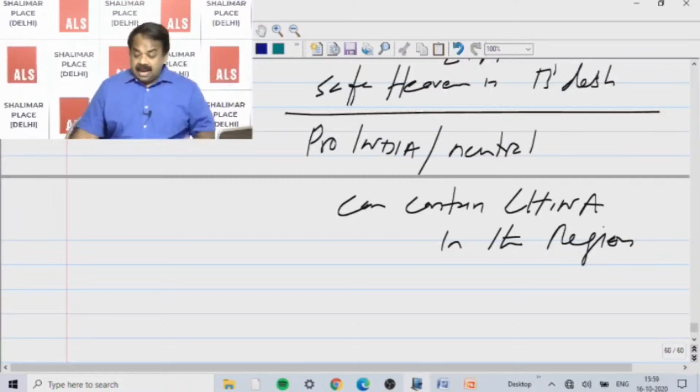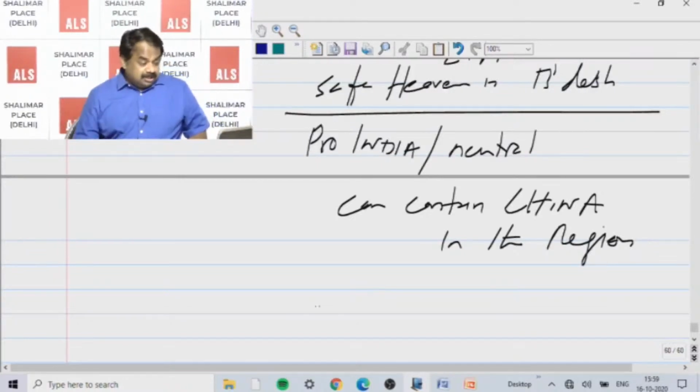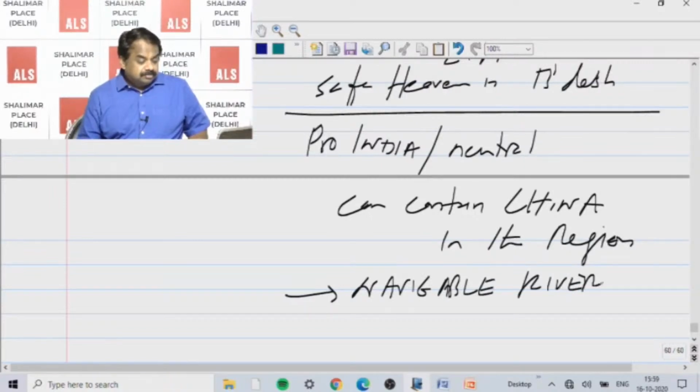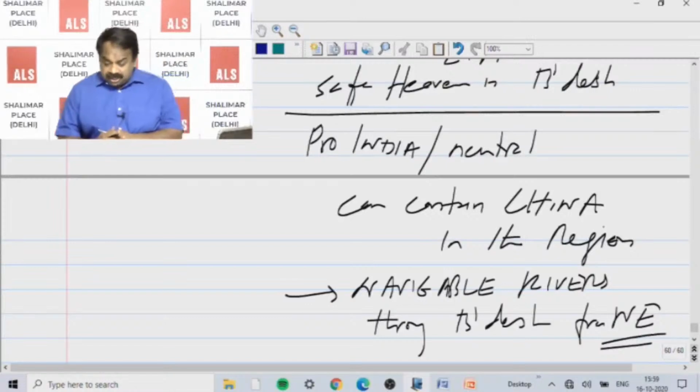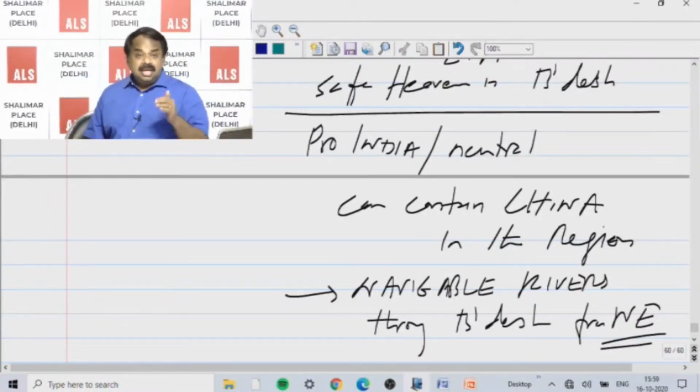And also, a third point is the navigable rivers through Bangladesh from northeast. Navigable rivers through Bangladesh from northeast can give access to northeastern states to our Calcutta port or even the Haldia port.